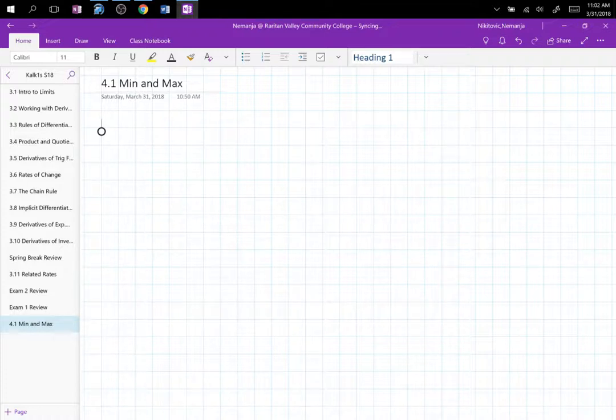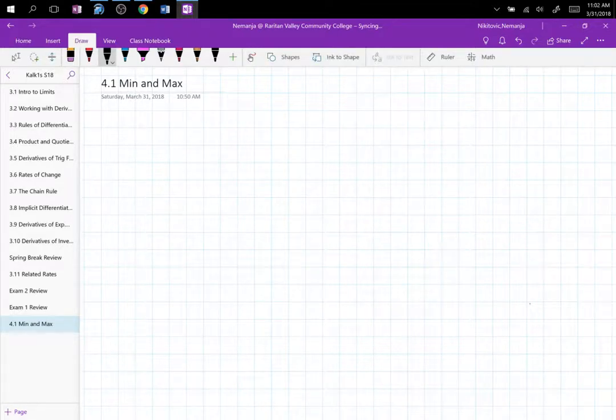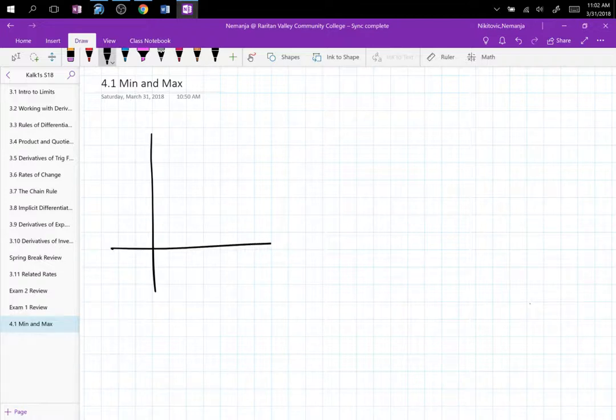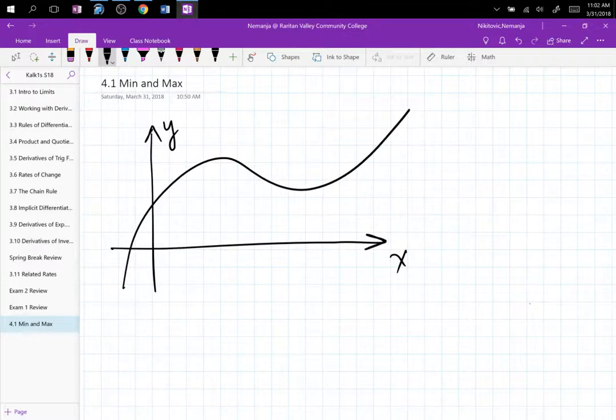So let's talk about min and a max of a function. Here is the first concept that we need to understand. So we are going to have in our xy coordinate system function f of x. And we can see that that function has a point for a max and a point for a min.